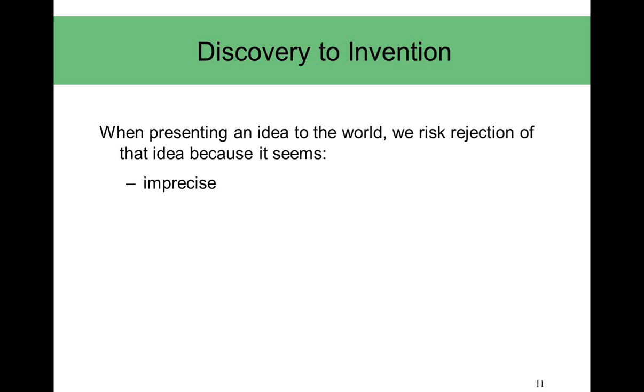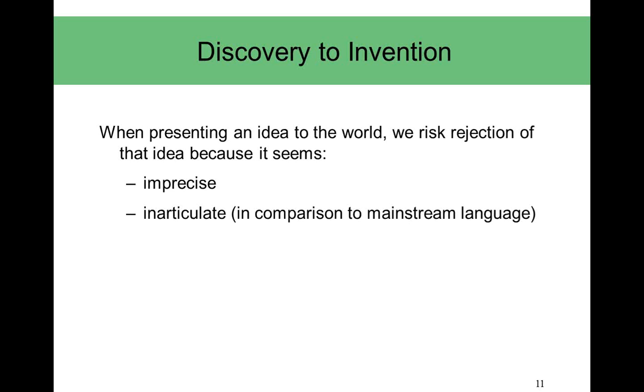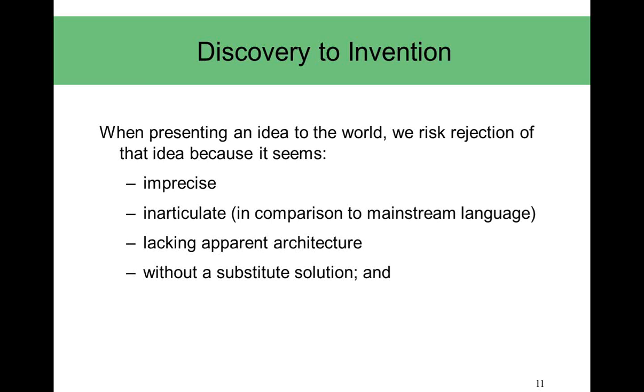We risk rejection because the idea seems imprecise, inarticulate in comparison to mainstream language, lacking apparent architecture, without a substitute solution, and finally without an apparent optimum environment. And so that is often what really eludes us when we're trying to talk about social policy solutions.